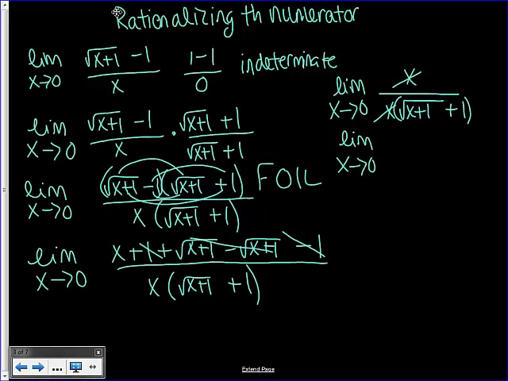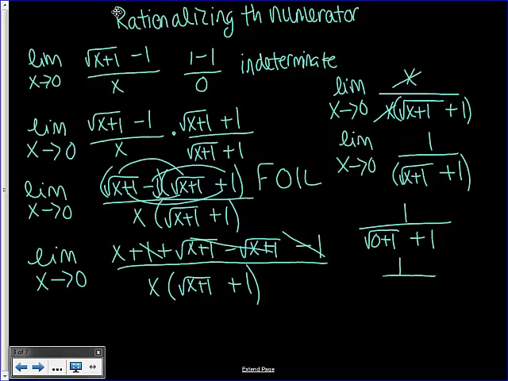Now, since those x's cancel, I'm left with 1 on top, and it is the square root of x plus 1 plus 1. Now I can plug in my 0 and evaluate. So, it is 1 over the square root of 0 plus 1 plus 1. Well, that's just 1 over, square root of 1 is just 1, 1 plus 1, which is 1 over 2.